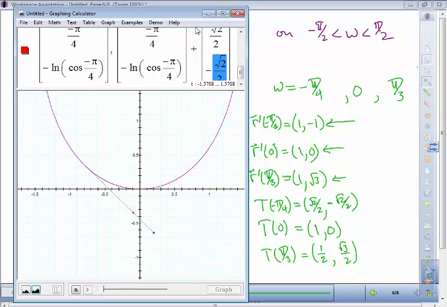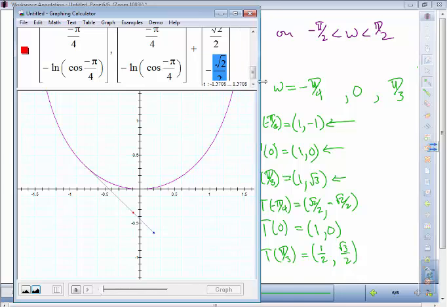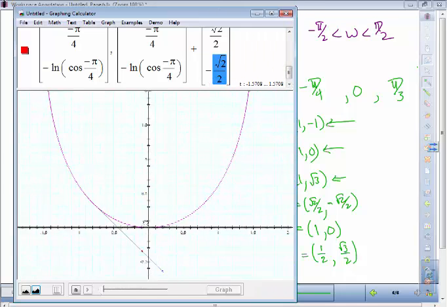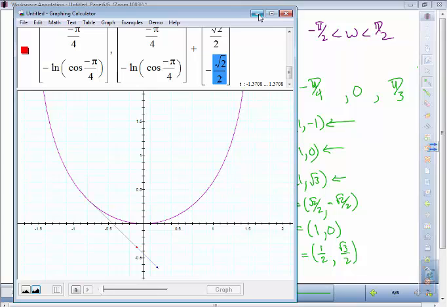This curve is called the Grim Reaper because as t increases, it appears to eat itself up. I don't know what that means. All right. Well, we'll see.